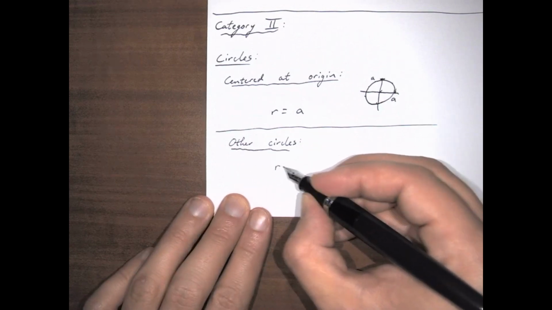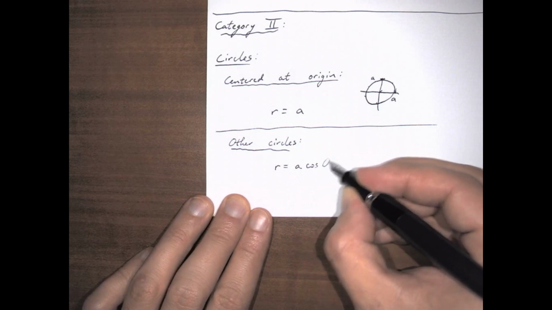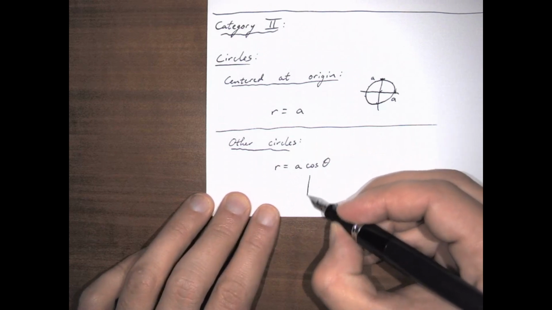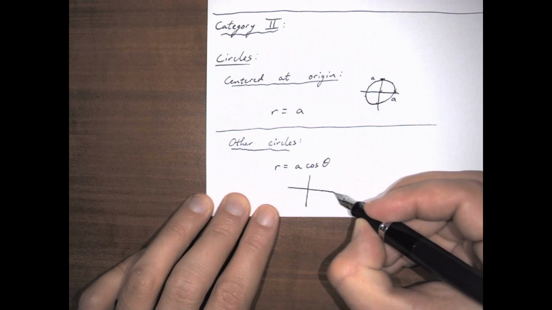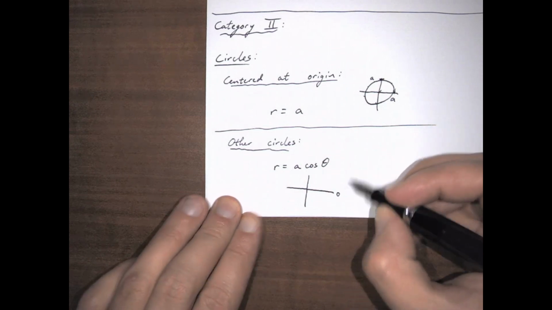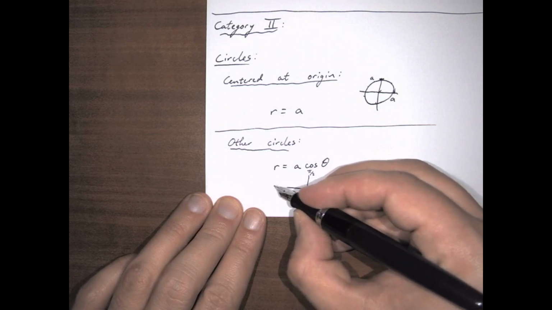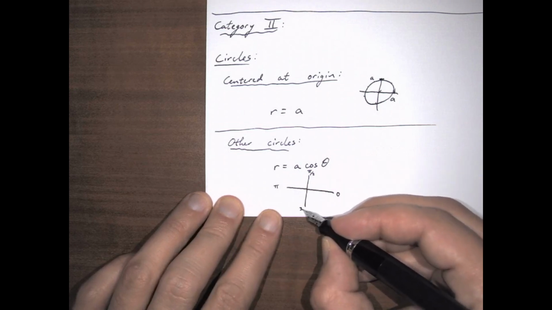So if we have r equals a cosine theta, then let's just think about that. This is going to be a circle where when theta equals 0, when theta equals pi over 2, when theta equals pi, when theta equals 3 pi over 2.